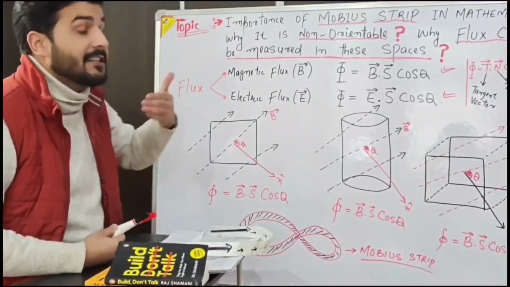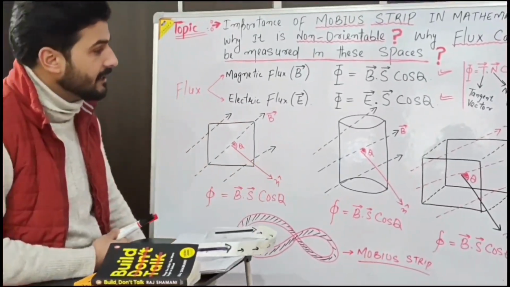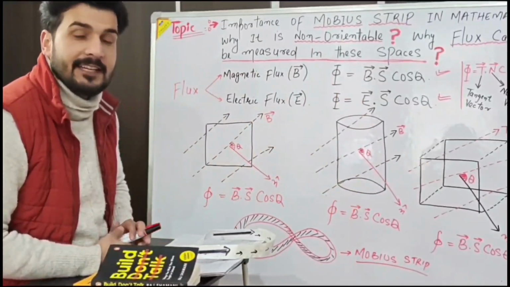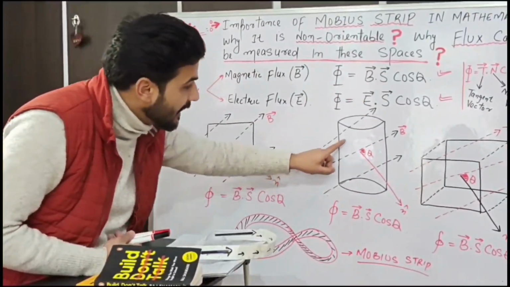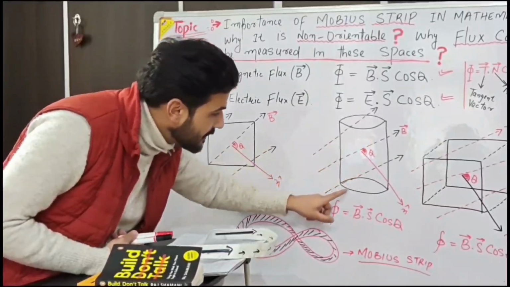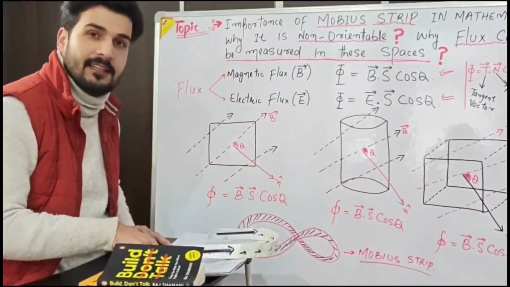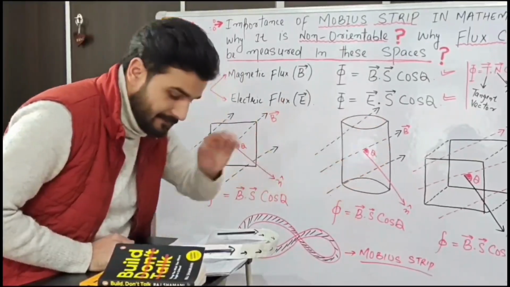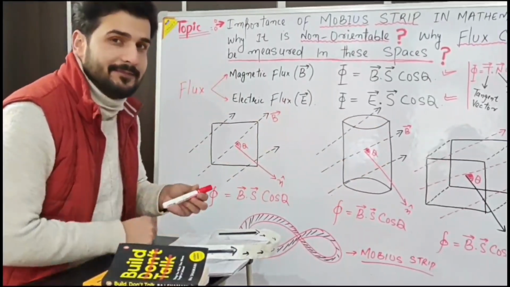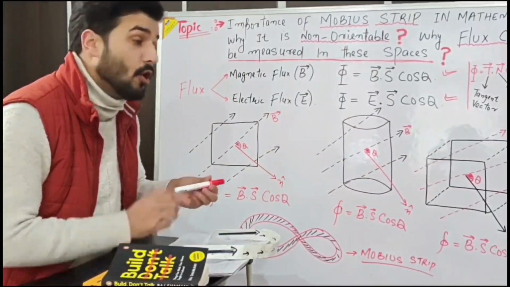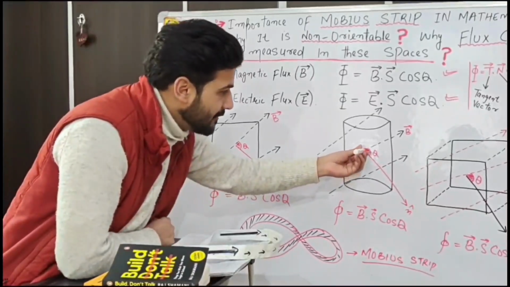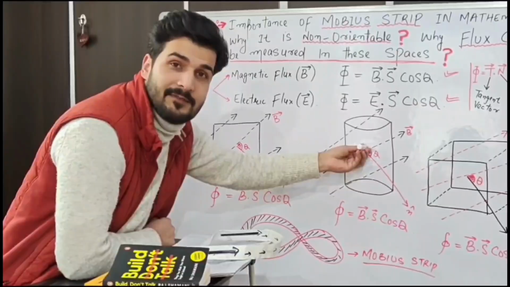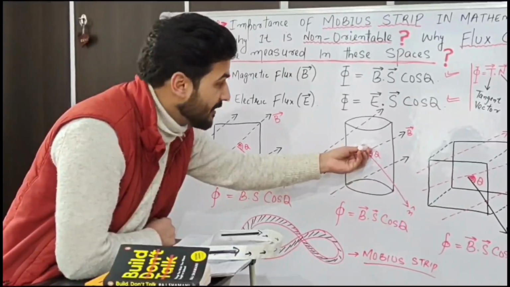Now we will take another mathematical object. What is the other mathematical object? We will take a cylinder. And these are the lines of force that touch this object tangentially. And we will draw another normal vector here, which is normal to the surface.